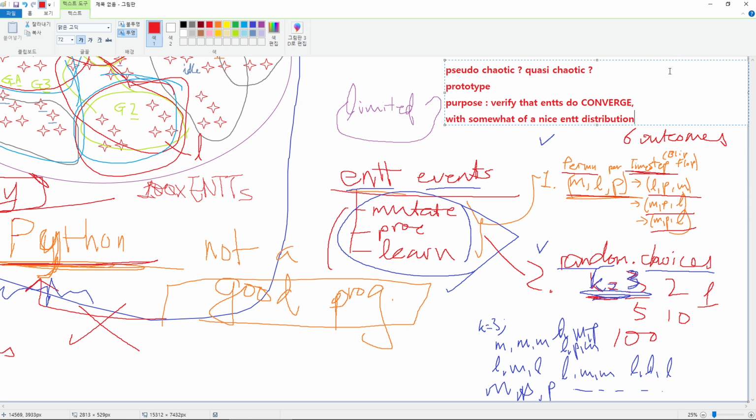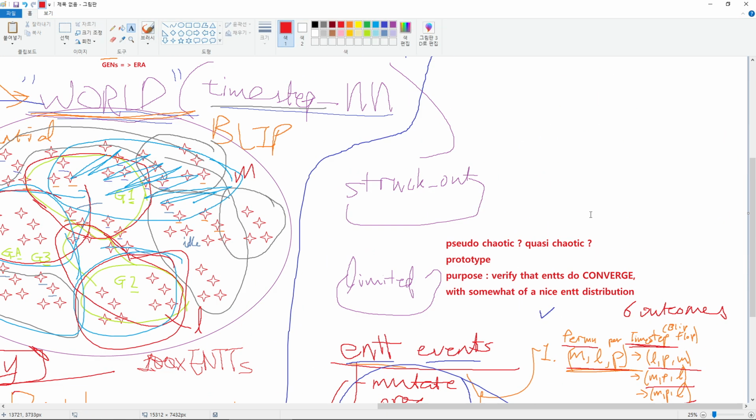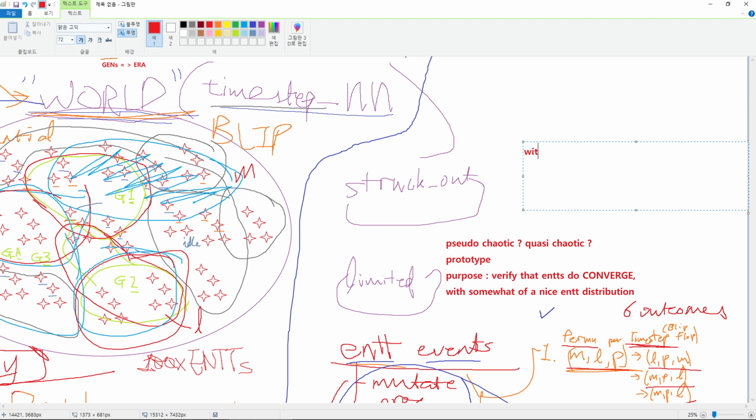Because somewhat of a nice distribution, without having to change much of the existing ideas or code. Ideas or code, or just concepts, right? Concepts.